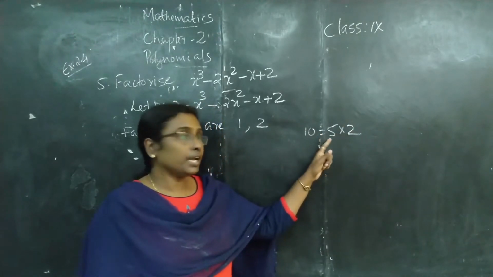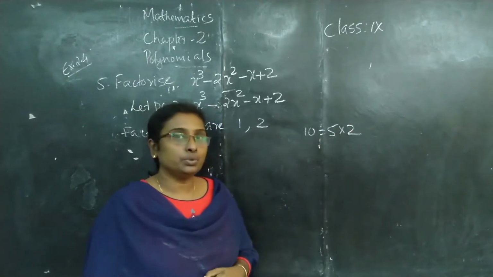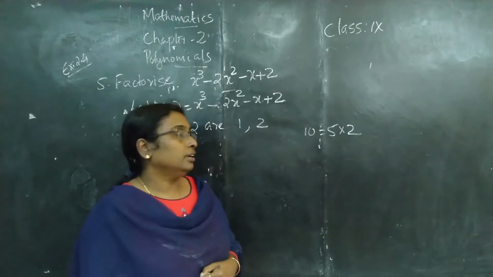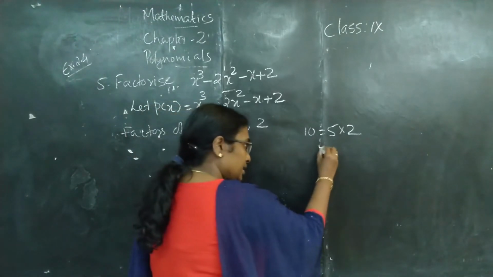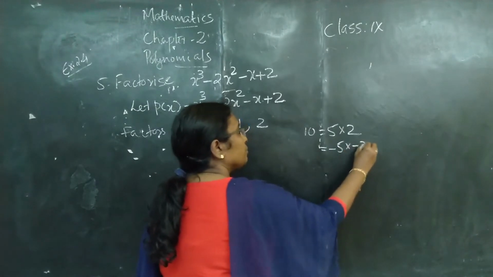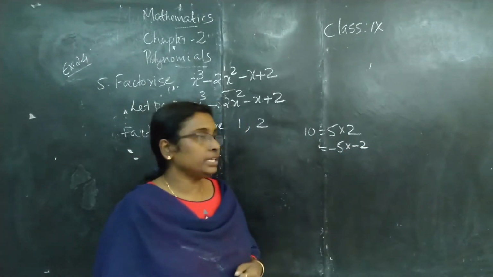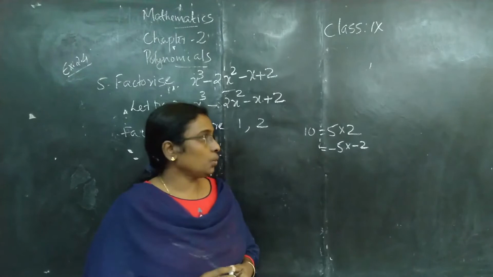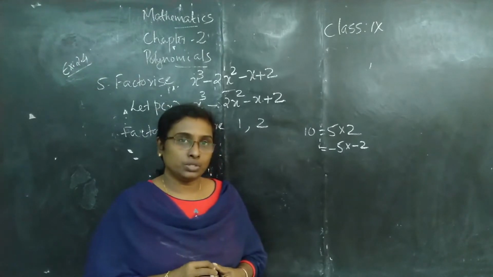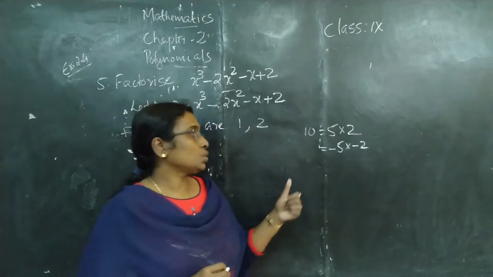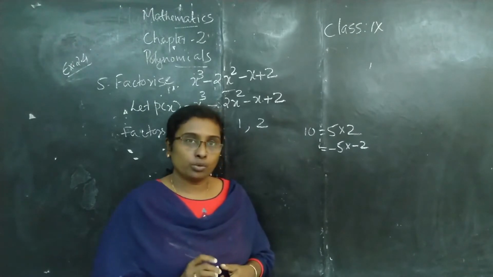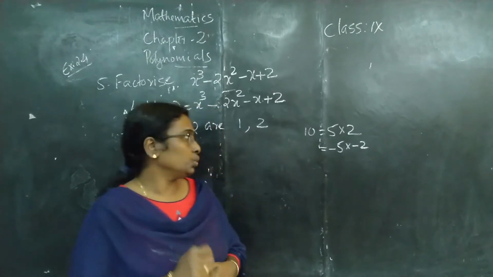Since 10 equals 5 into 2, we can say that 5 and 2 are factors of 10. This can also be written as minus 5 into minus 2, which is also 10. So minus 5 and minus 2 are also factors of 10. So the factors of 10 are plus or minus 5, plus or minus 2.